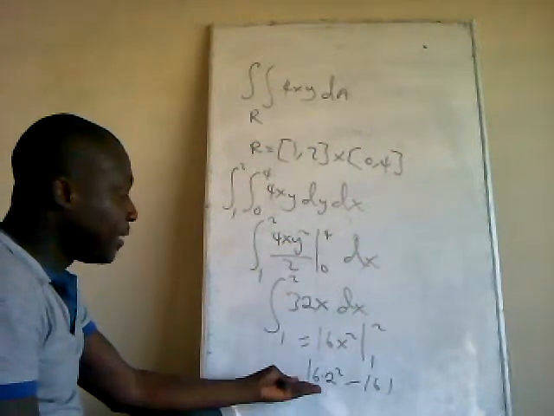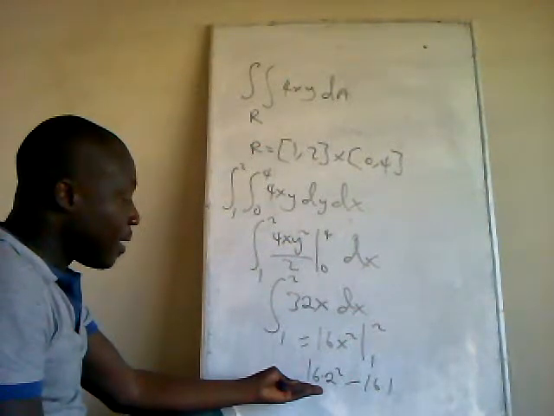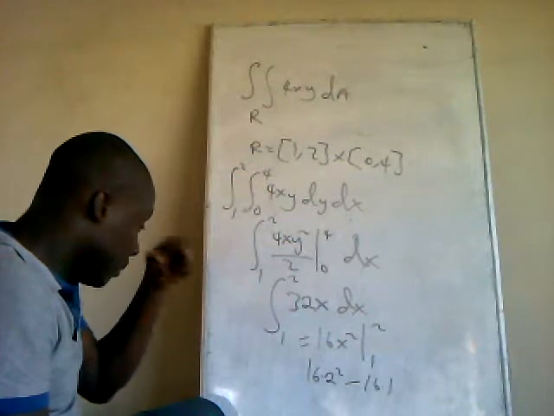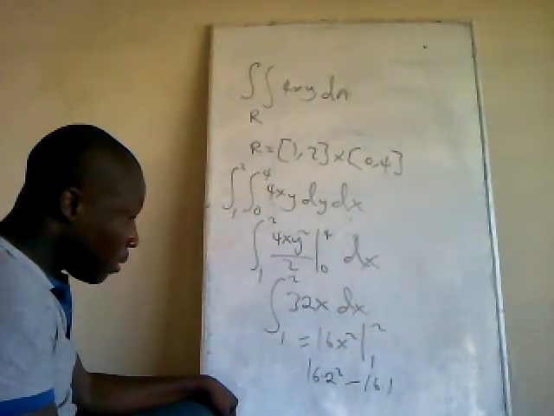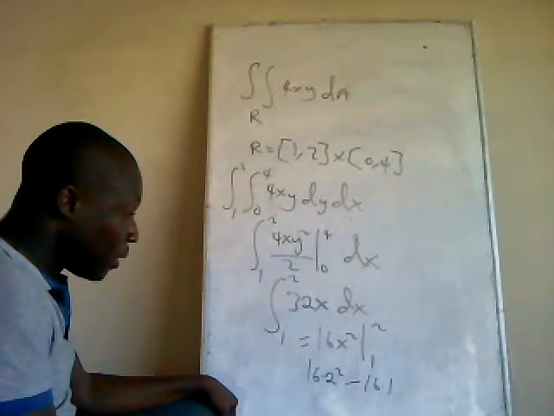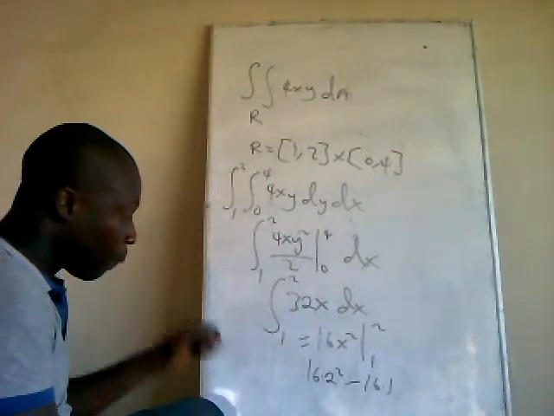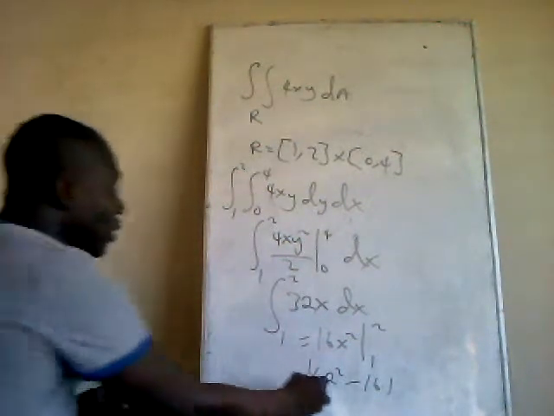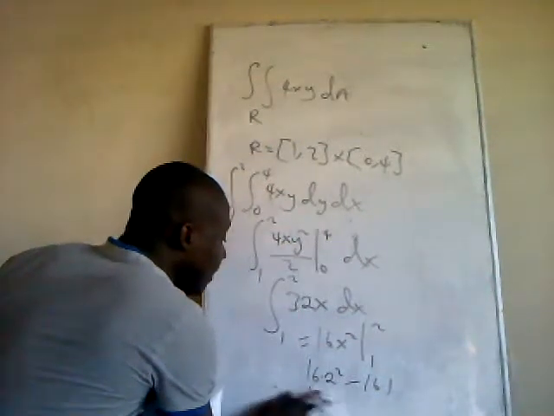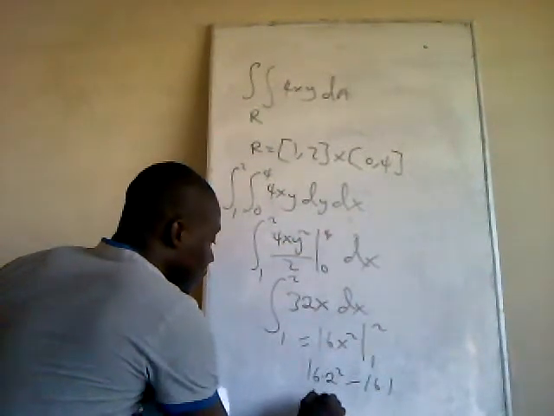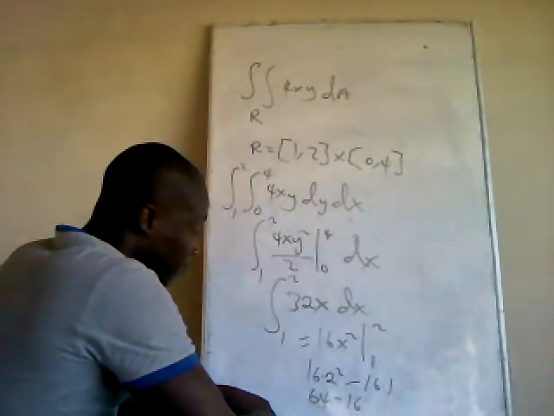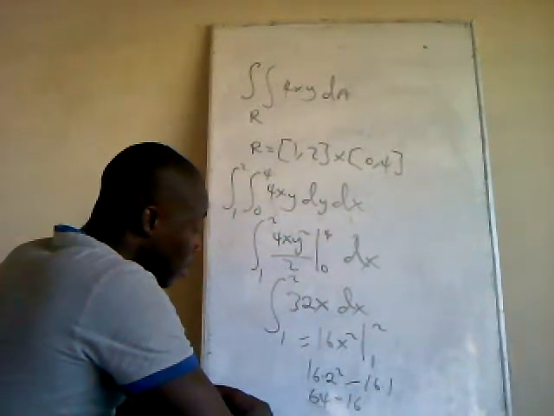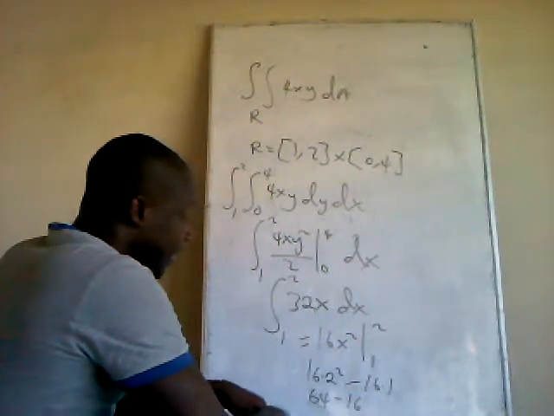I hope you understand, this is just integration. Now, 4 times 16, I think is 128, right? Is it? No, it's 64. Okay, so this is 64 minus 16, which is 48.